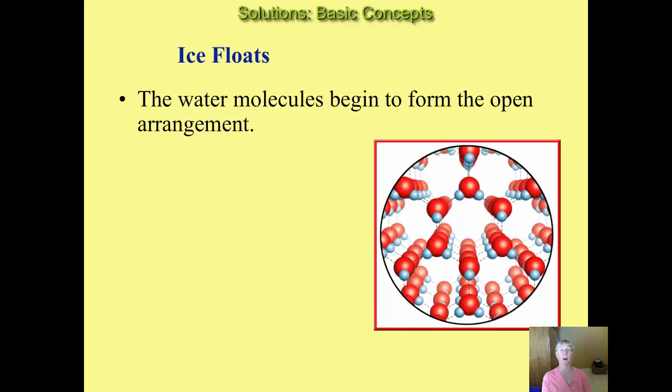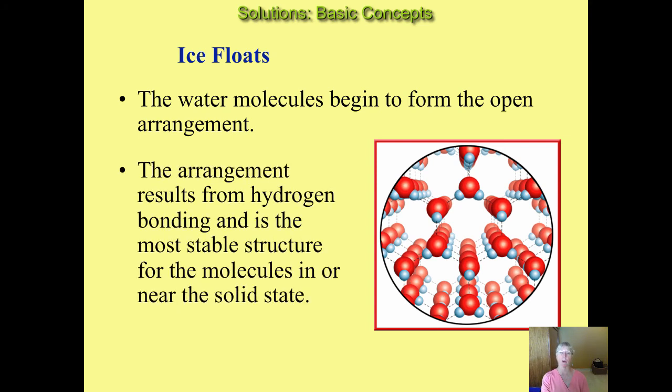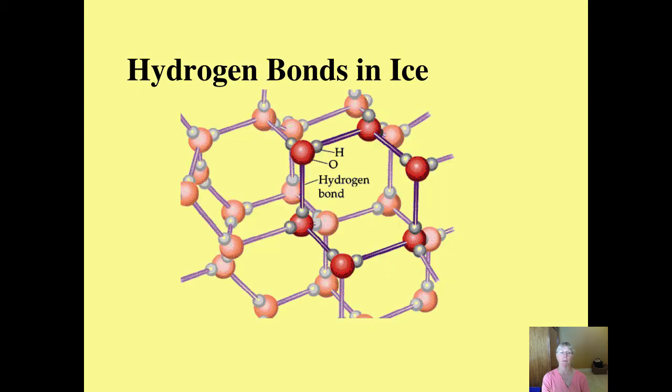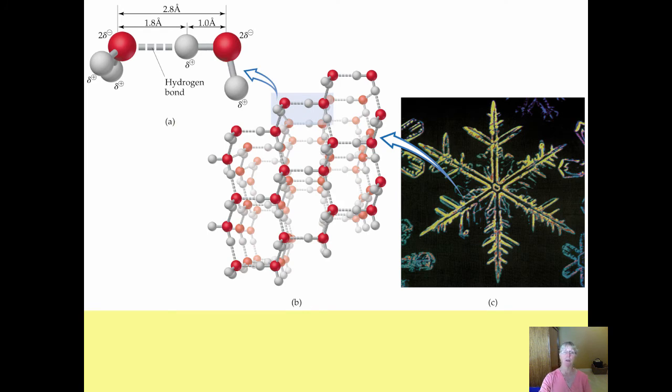Well, the reason why ice floats is because as the water begins to freeze, the water molecules push apart from each other and they take on a different arrangement that's more open. They still have the same hydrogen bonding, but the molecules, as we will see in the next slide, are pushed out.